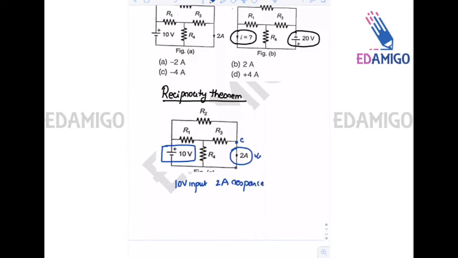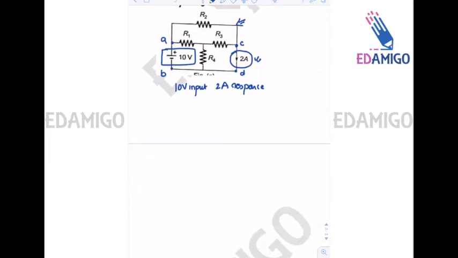Assume that these are nodes C and D, and these are nodes A and B. The reciprocity theorem states that if this circuit is reciprocal, then interchanging the location of response and excitation, the ratio of response to excitation remains the same always.